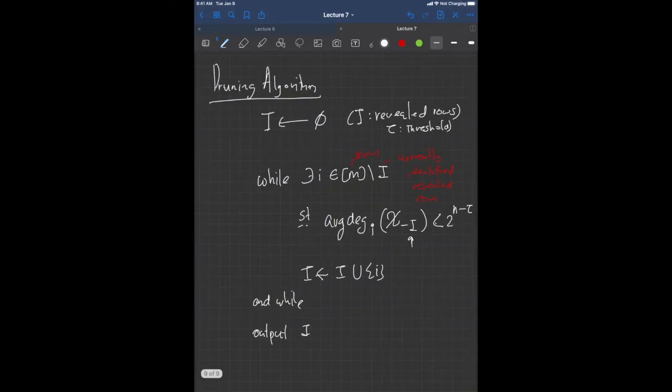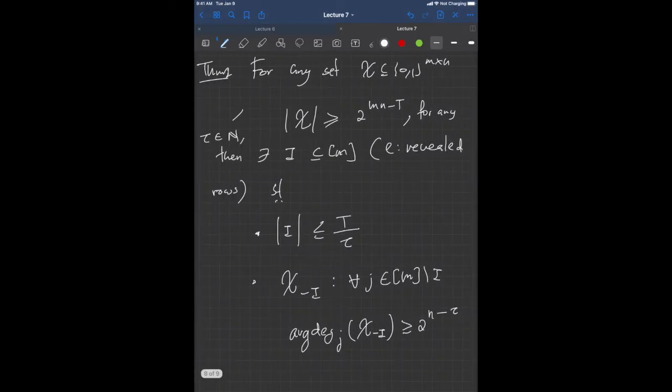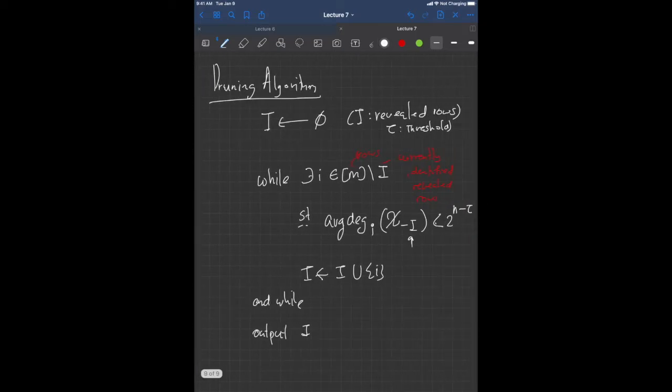The second property is obvious, right? This property says that in x minus I, there are no more revealed rows. So everything should have average degree greater than 2 to the n minus tau. That's obvious, because if our algorithm ever stops, it's clear that there is no such j. Because if there is, we will continue.